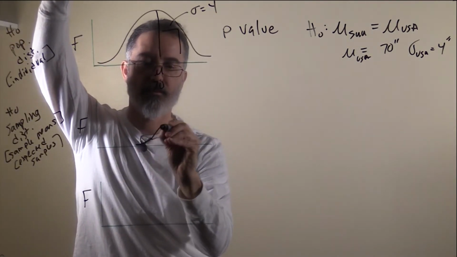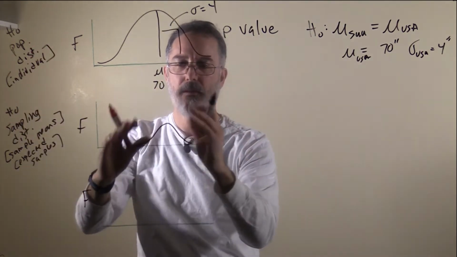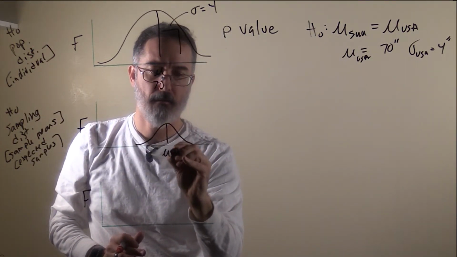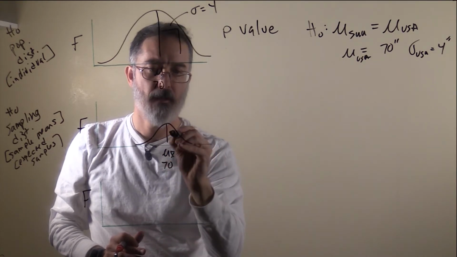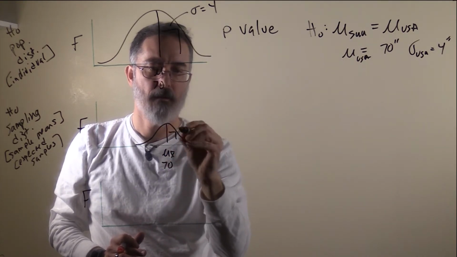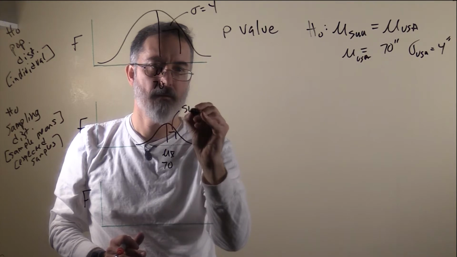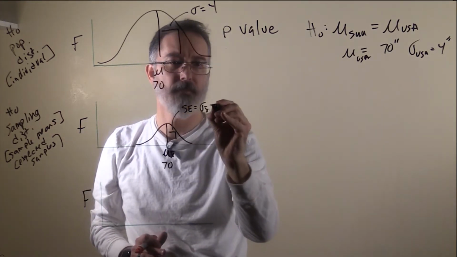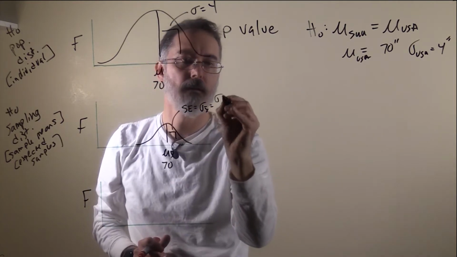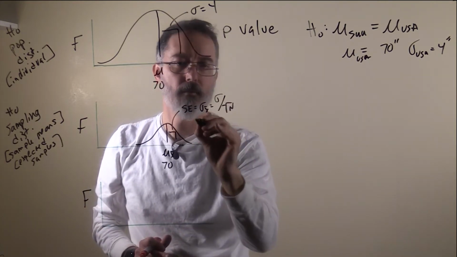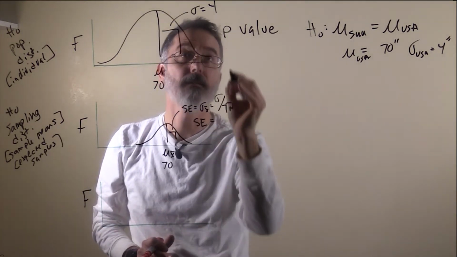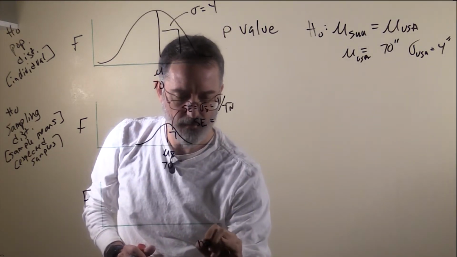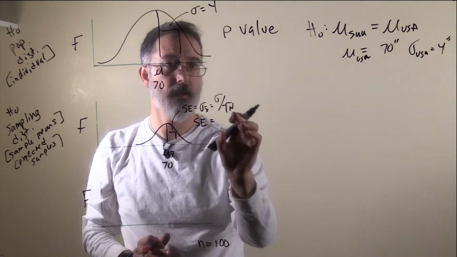So this will be a normal distribution that's shrunk in. Its mean is going to be 70. Its standard error, which is also its standard deviation, is going to be that formula. So I'll just rewrite that down here. So it's 4. We'll go with, in this example, sample size equals 100 again.